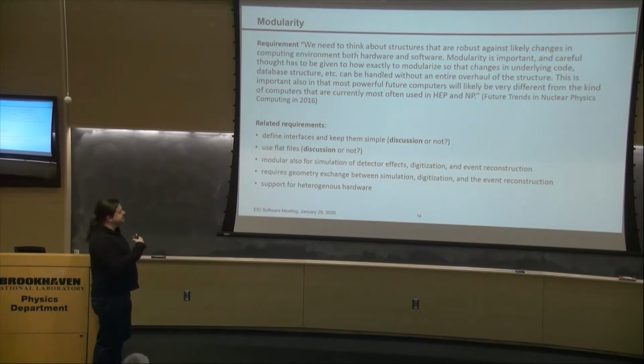The EIC will be something like a decade away from us, and that means modularity is important. So we need to think about how to modularize the underlying code and database structure, so that we can deal with changes in, for instance, the hardware, without having to do an entire overhaul of the structure.